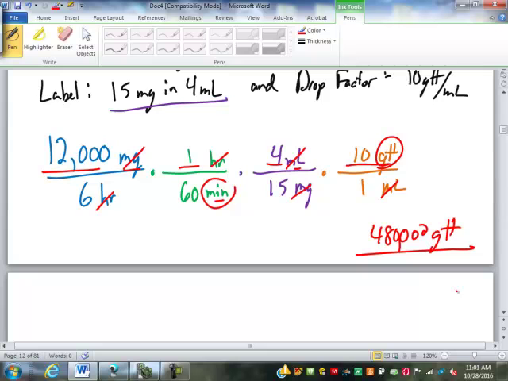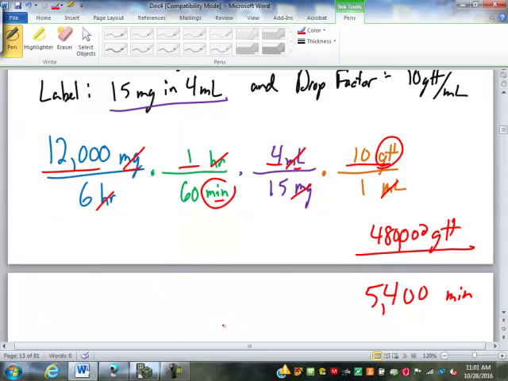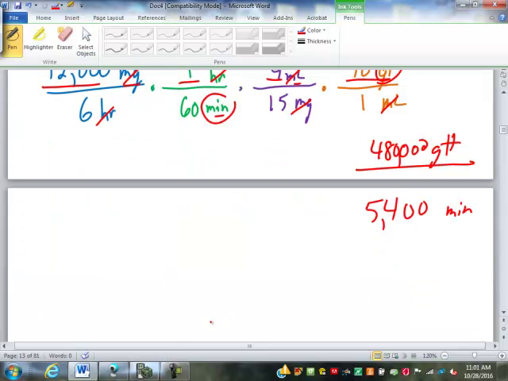Over 6 times 60 times 15 is what? Is that 5,400? Is that right? Minutes. So now I'm going to divide out 480,000 divided by 5,400. 88.89 drops per minute.